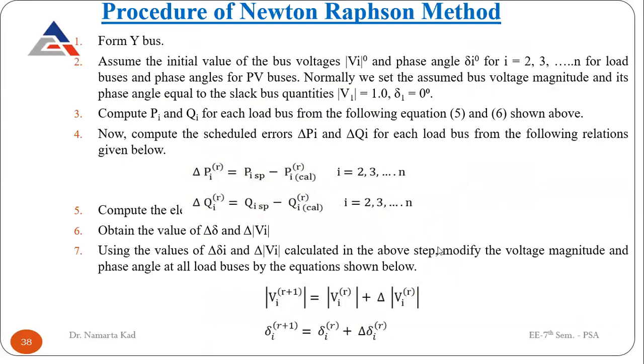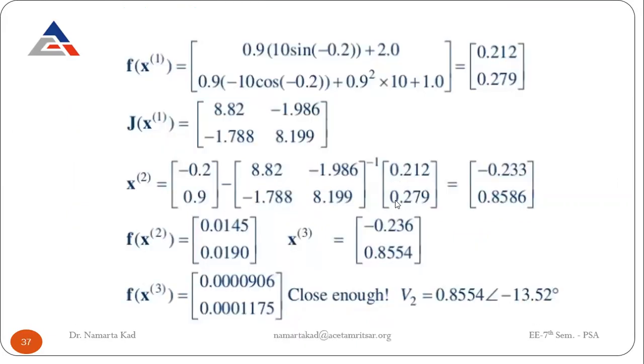So here we end the numerical. In this way, with the initial guess, you first form the complete Jacobian matrix in the form of equations, then put down the values and do the calculation part for 2 to 3 iterations.